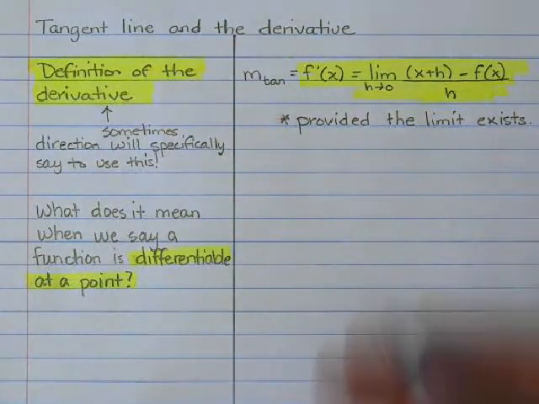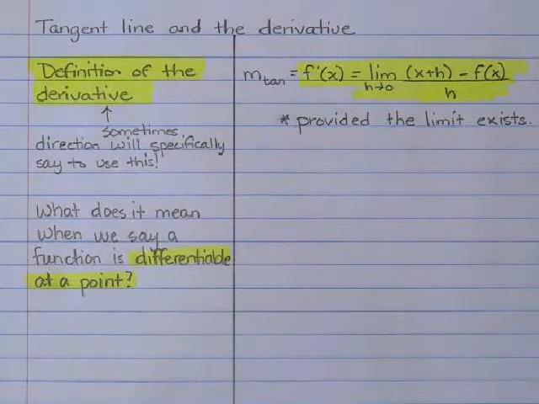All you need to know is that it means that the function has a derivative at that point, or that the limit exists.